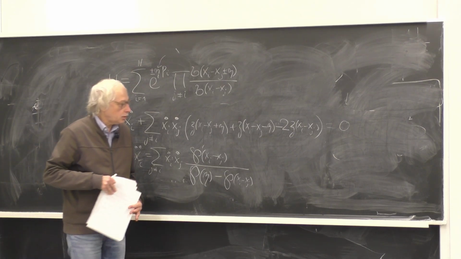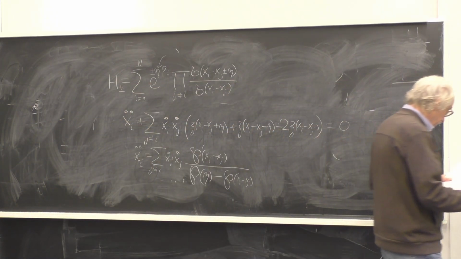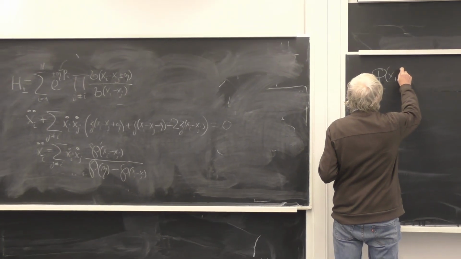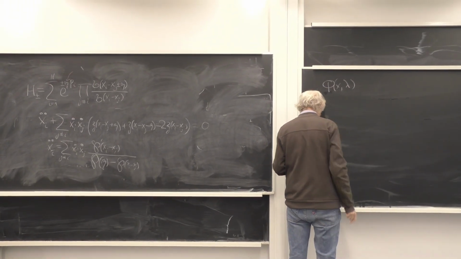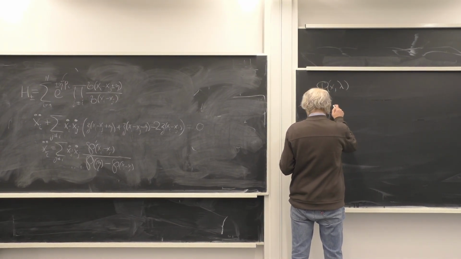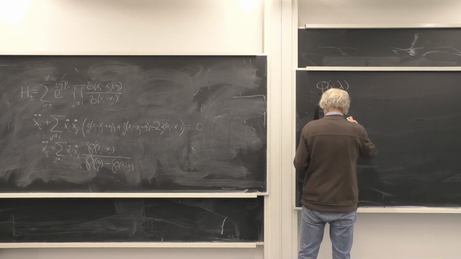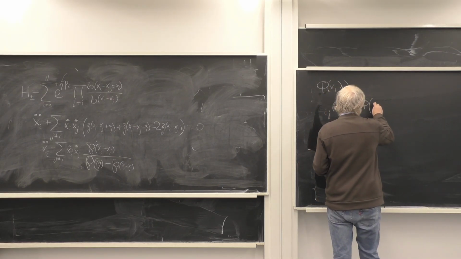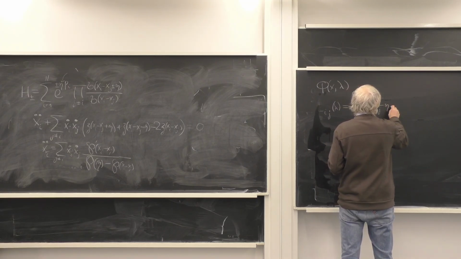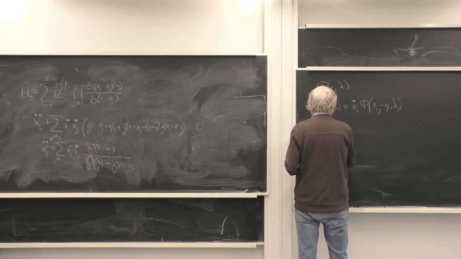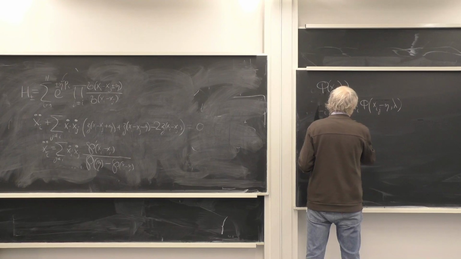This model has a Lax representation in terms of this function phi of x, lambda, the Lamé-Hermite function. The Lax matrix is as follows. The M matrix is as follows.